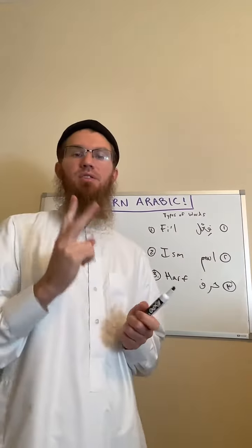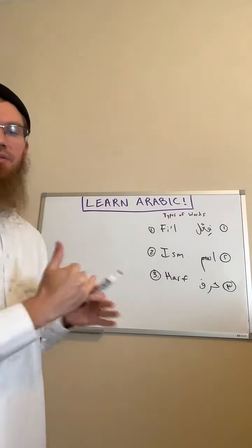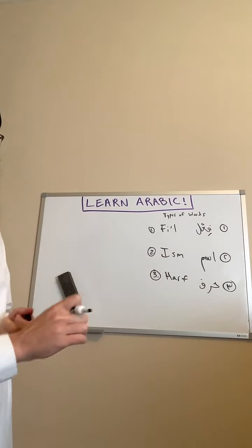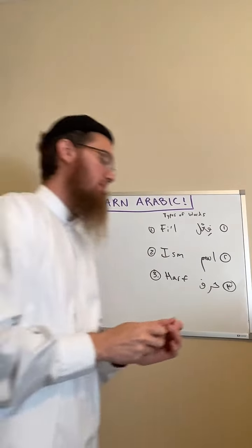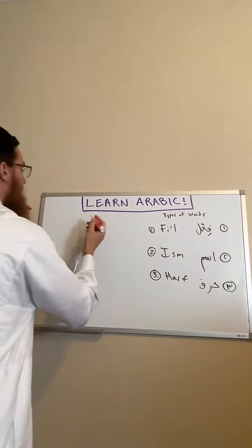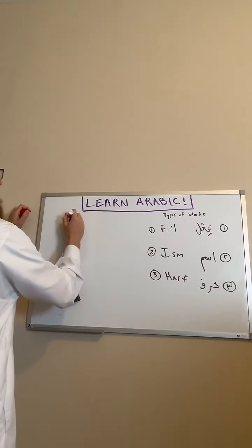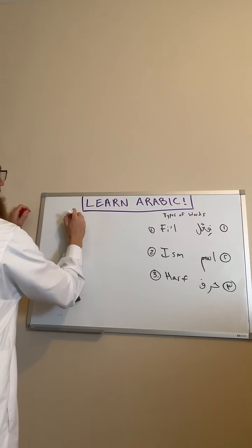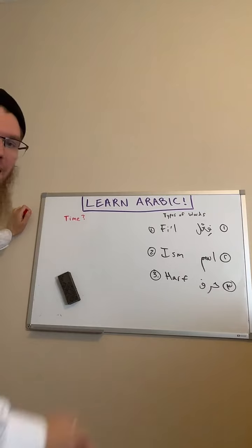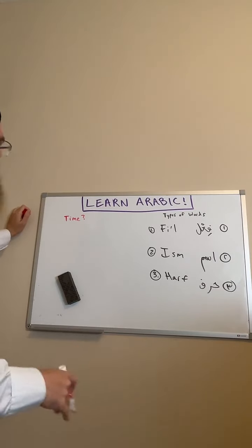There are two things that are going to differentiate each type of word from the other. We're going to ask, does the word have a relation to time? Does it have a past, present, or future tense?